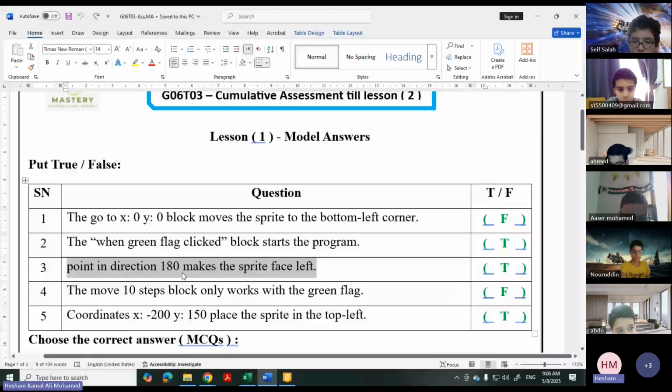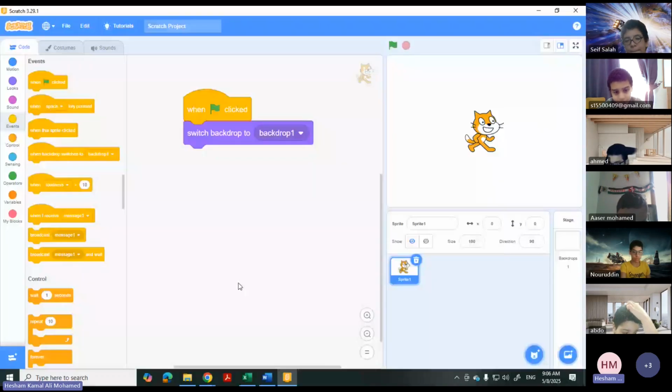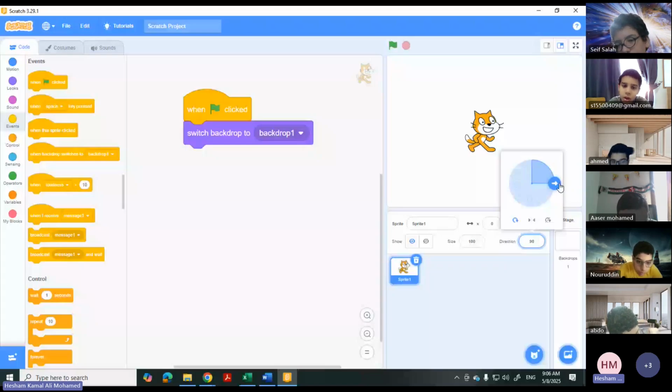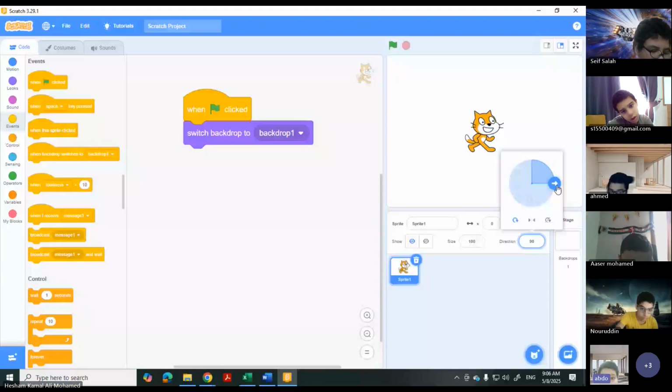Let's go check here. Here is the direction. This is 90 degrees in Scratch. But do you know anything about the coordinates? X and Y coordinates? Yes, Master. Okay. But here in the coordinates, this is 0.